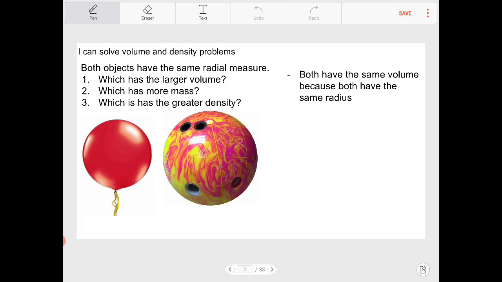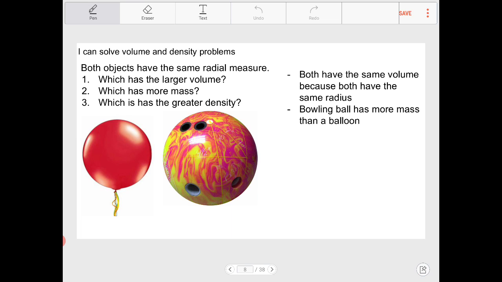If they have the same volume, one can suggest that these two things will take up the same space. If that's the case, we clearly see the difference between these two. The bowling ball definitely weighs more. It has more mass.